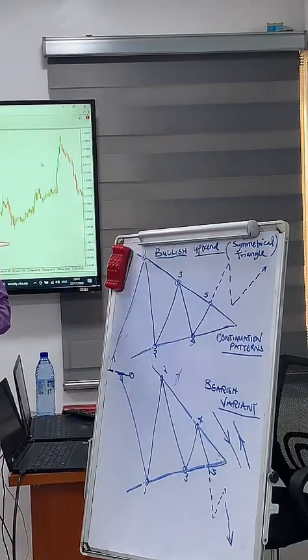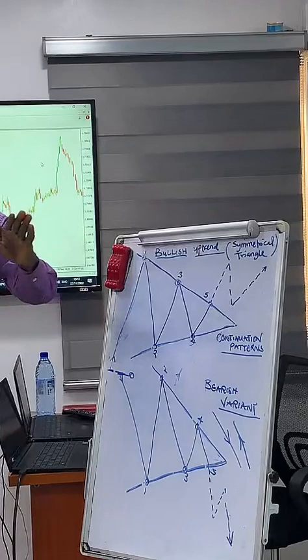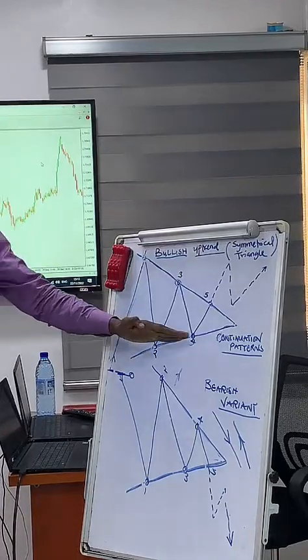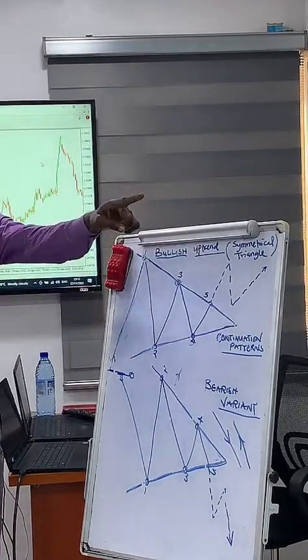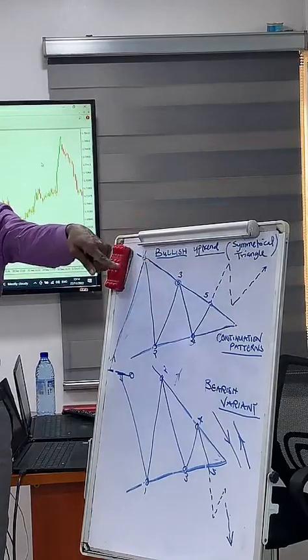Is that okay? In the case of an ascending triangle and a descending triangle, we saw that in an ascending triangle, the market is making successive higher lows, but it's not making higher highs. Is that correct?